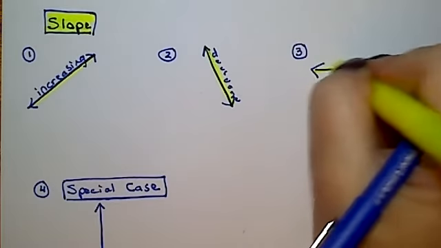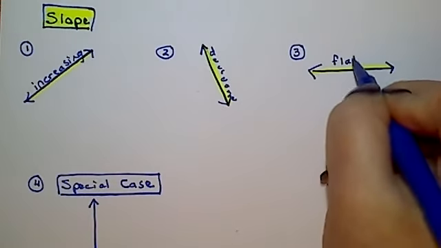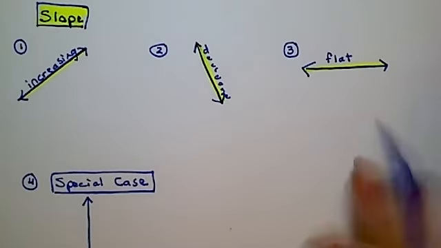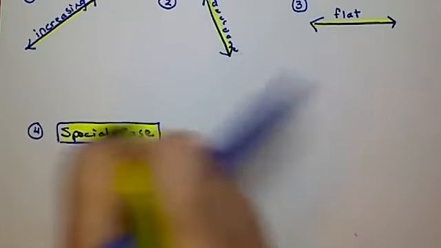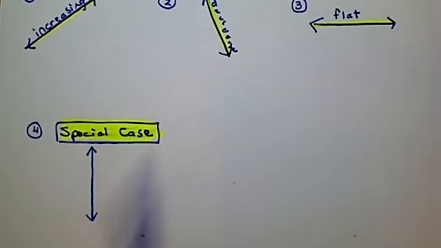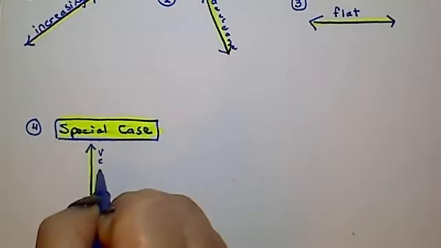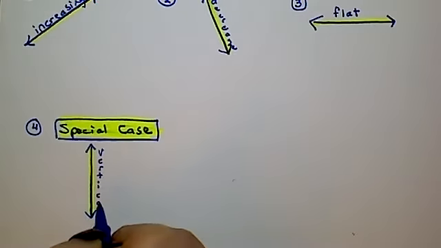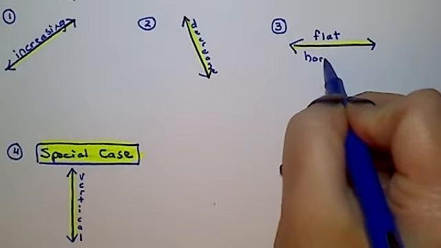This one right here would just be flat. And this one right here in your special case is going to be vertical. And this flat line would be called horizontal.